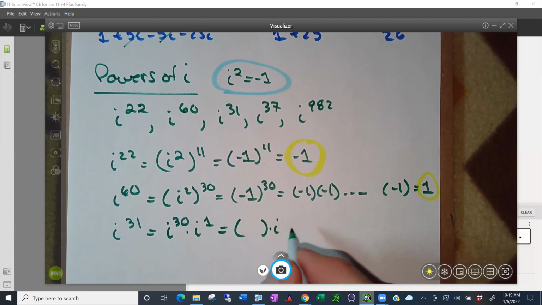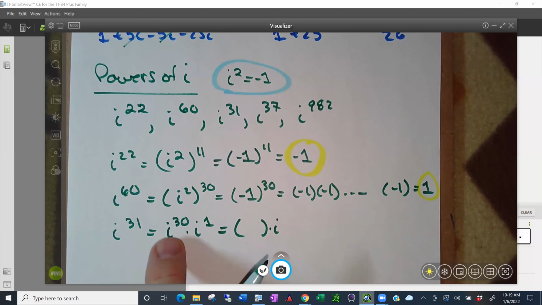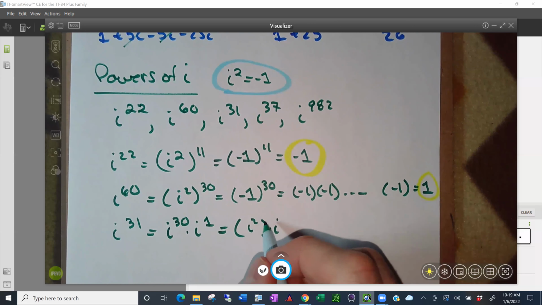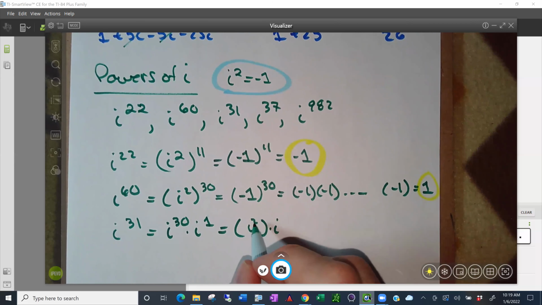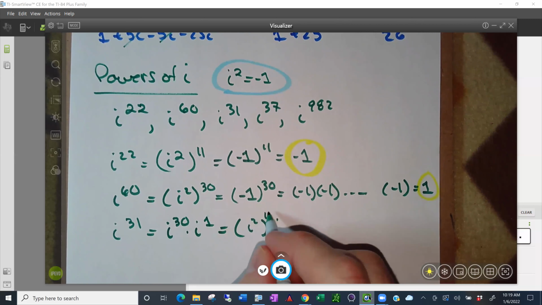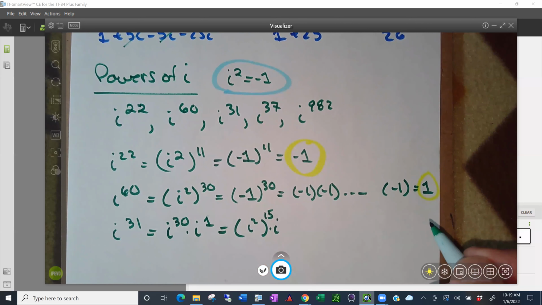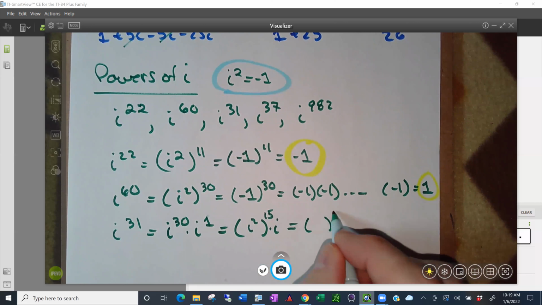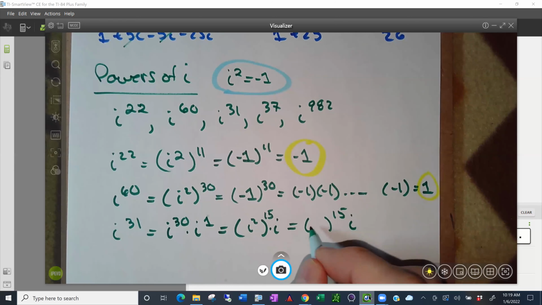So I've got that i still stuck out here, but I'm going to concentrate on this thing. That's going to be i squared to some power. What power is that? What do I multiply 2 by to get 30? Yeah, thank you. 15. i squared, I hope you're getting used to this. i squared is -1.